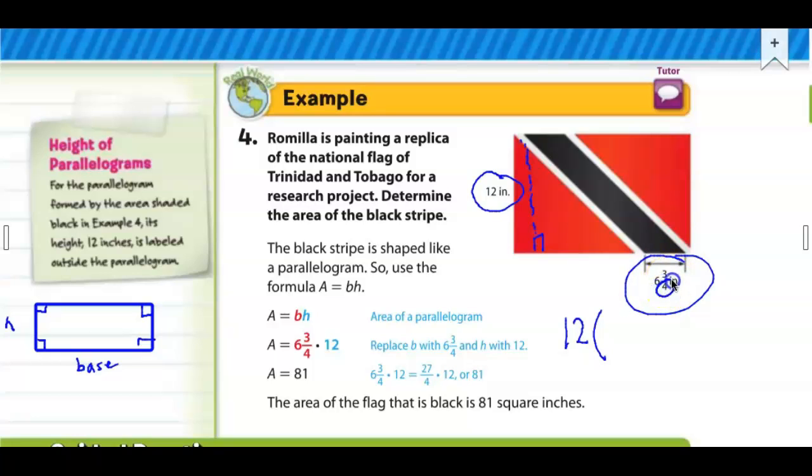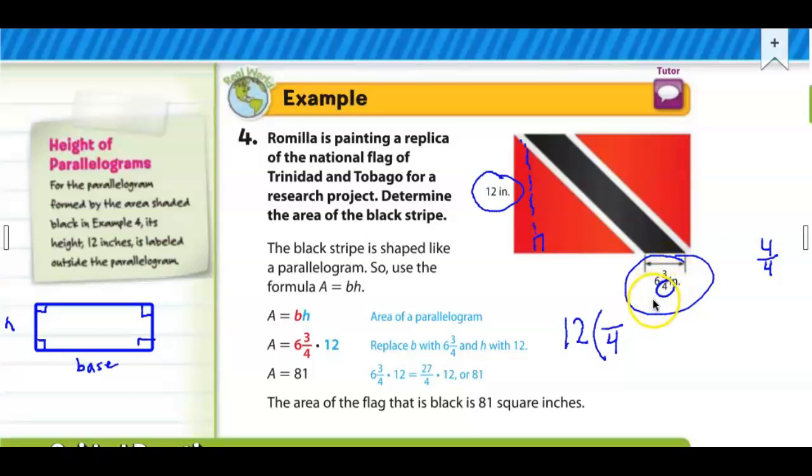You are automatically going to have the same denominator. What you have to do is figure out what the numerator is going to be. So that's going to be 6 times 4, 6 whole pieces of 4 over 4. So that's 6 of these 4 over 4s plus 3/4. So 6 times 4 plus 3.